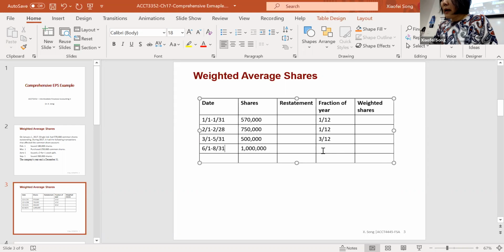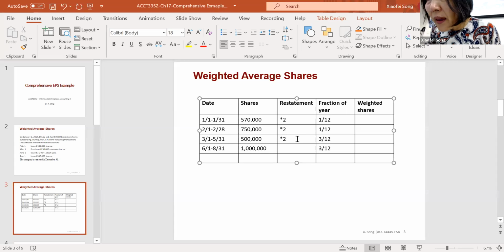However, once the split is done, we have to go back to the previous months to make an adjustment. So these will have to be converted to the new shares. All of that has to be restated by a multiple of 2.